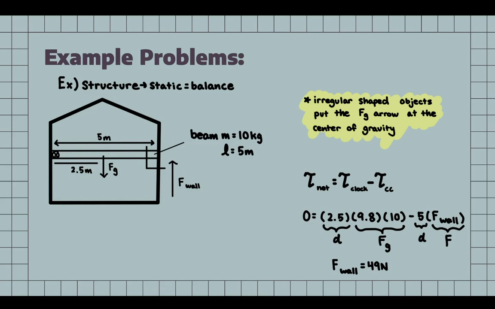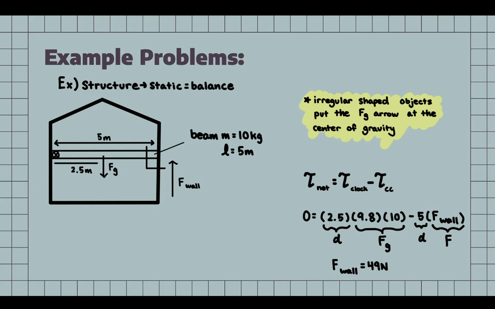However, we need to understand that center of gravity is always at the middle of the object. And for this part, since the force is the force of gravity, we need to calculate the distance only up to half of the object. This means that the equation will be 2.5 for this distance and 9.8 times 10 for the force part. 9.8 stands for the numerical value of the acceleration of gravity.